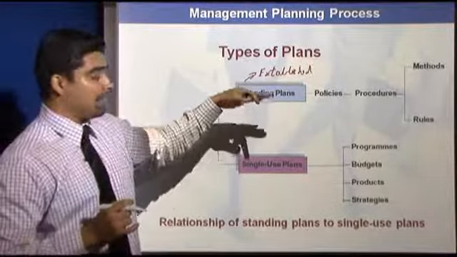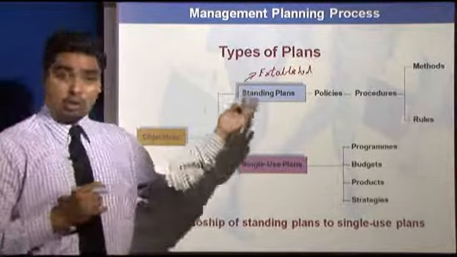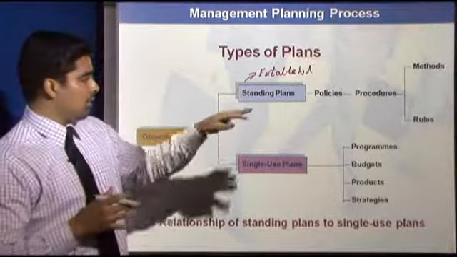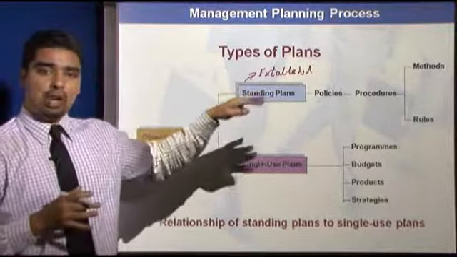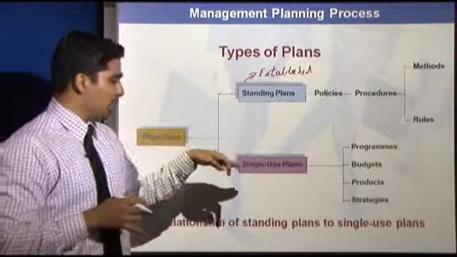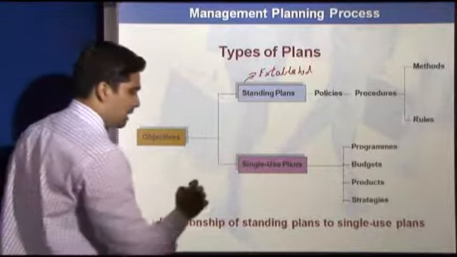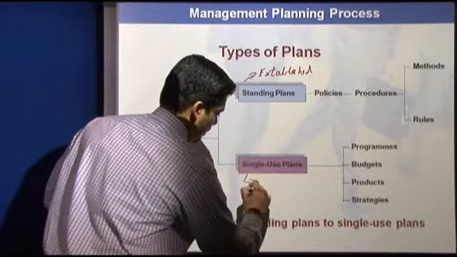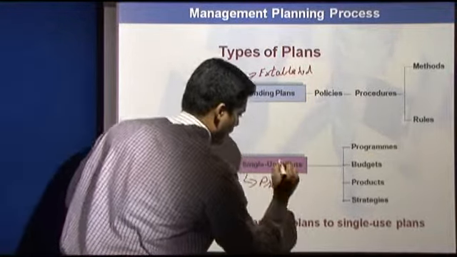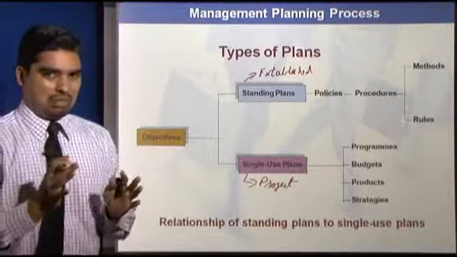Now you can have something like a quality policy, a total quality. So quality at every stage. So you have a standing plan which is common for every department, for every person within the organization. Then you have a single use plan. Single use plan is something that you have for a project or a particular program or something like that.